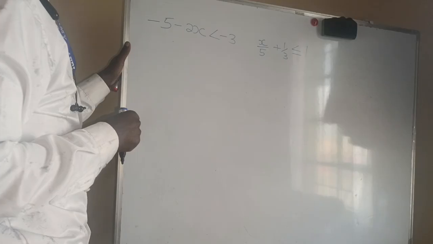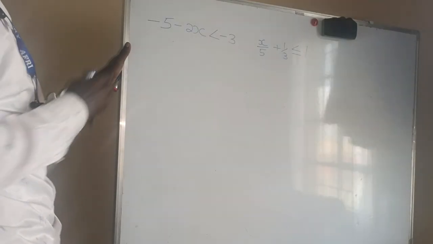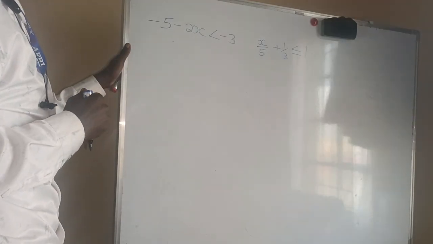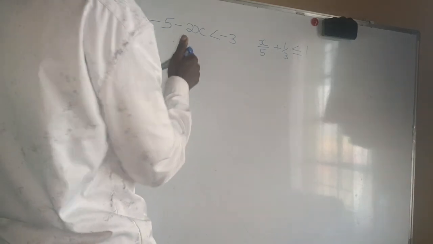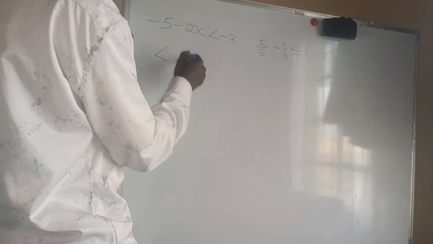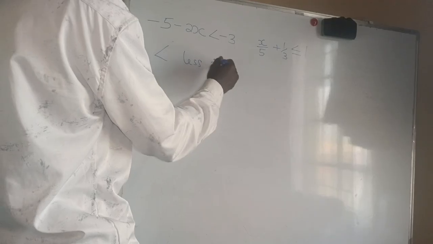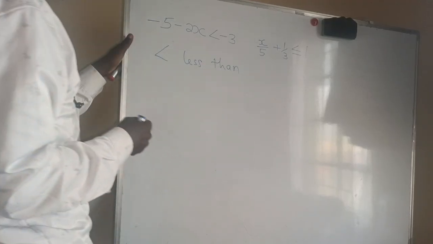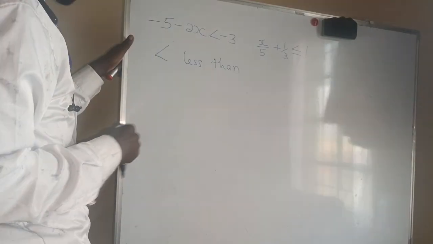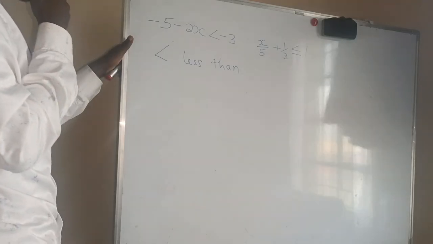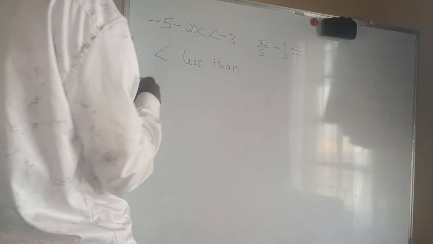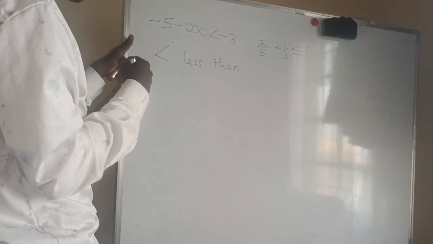If you have ever had a chance of coming across these inequalities, you must have been told that this means less than. If it faces this side, it can refer to a particular value being less than another value.